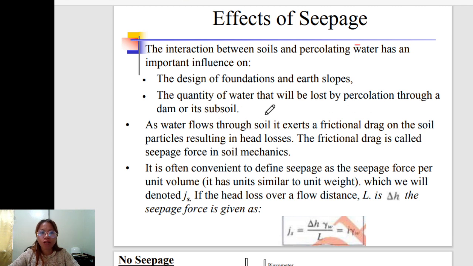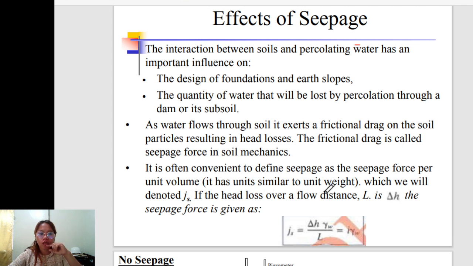As water flows through soil, it exerts a frictional drag on the soil particles, resulting in head losses. The frictional drag is called the seepage force in soil mechanics, and it is often convenient to define seepage as the seepage force per unit volume.